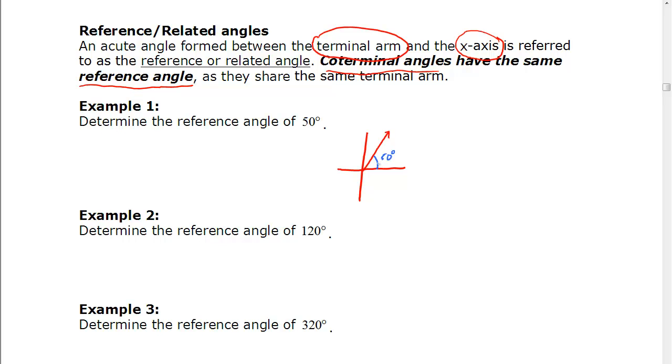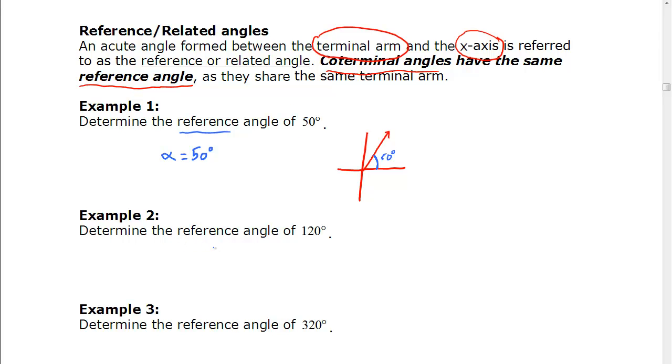Well, the reference angle, often called alpha, is going to be the acute angle from the terminal side, where it stopped, to the x-axis. For a quadrant 1 angle, which this is, it's actually the same. So in this case, it's 50 degrees. So this is the reference angle and the angle. Sometimes we say theta and alpha.